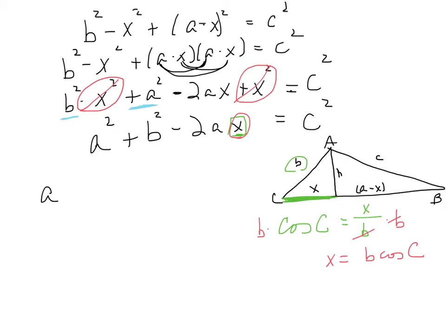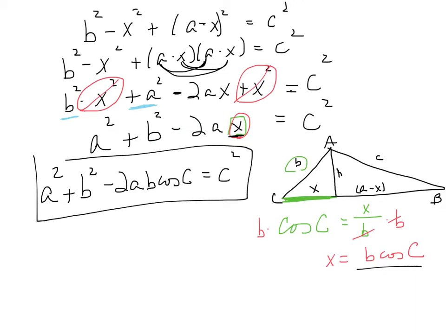So I have a squared plus b squared minus 2a, and instead of x, I'm going to replace it with this, b cos C, equals c squared. And this is the law of cosines.